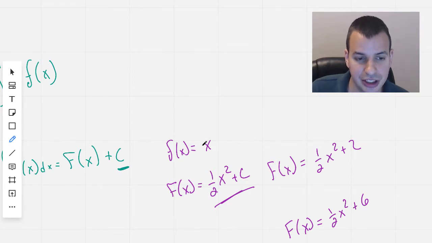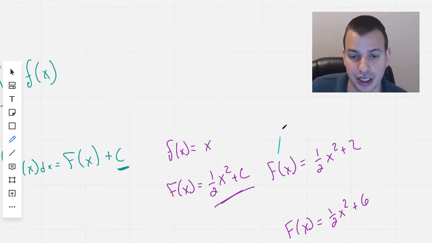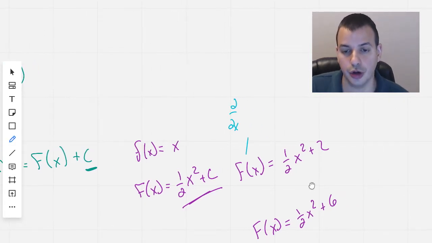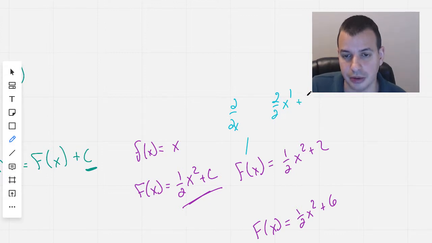So if we look at this going backwards, we found our antiderivatives here, and we want to take the derivative with respect to x and go back to f of x. So if we took the derivative of 1/2 x squared plus 2, we would get 2 over 2 x to the first plus 0, the derivative of 2, which would just give us back x. And you could do the same thing here.